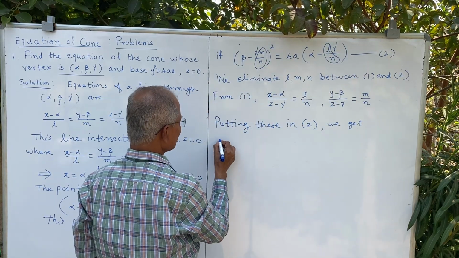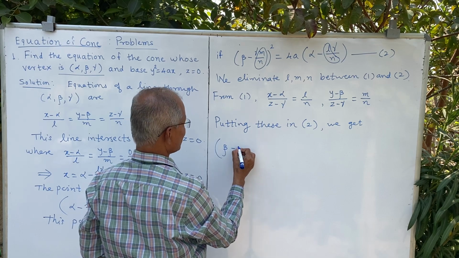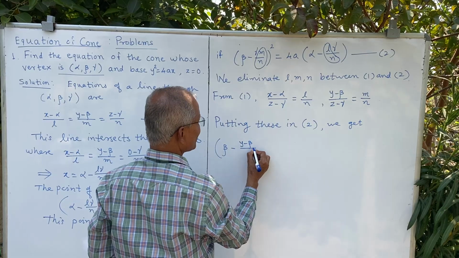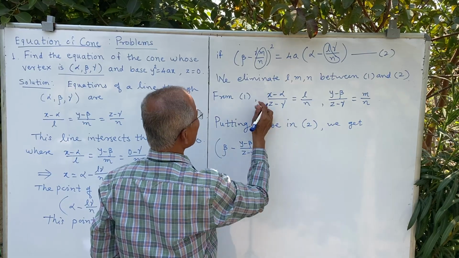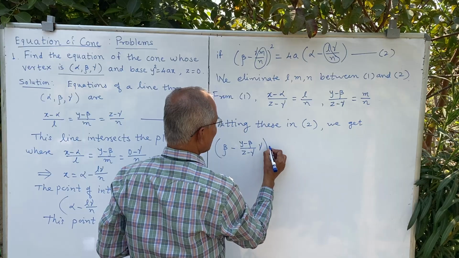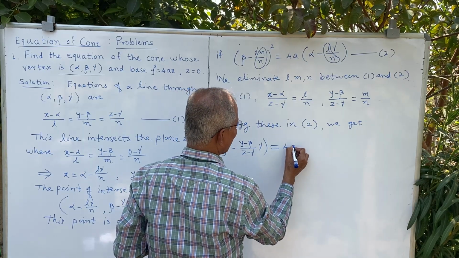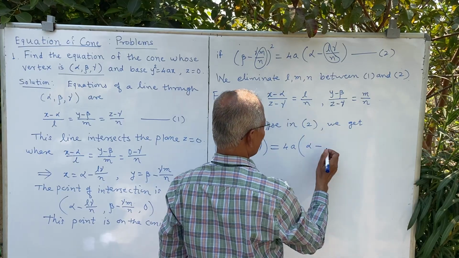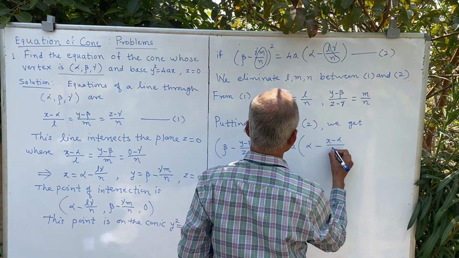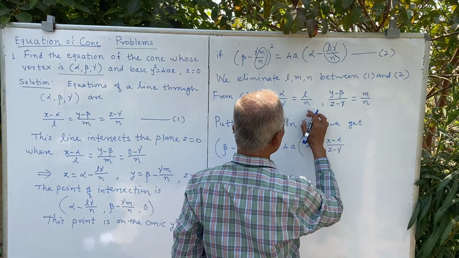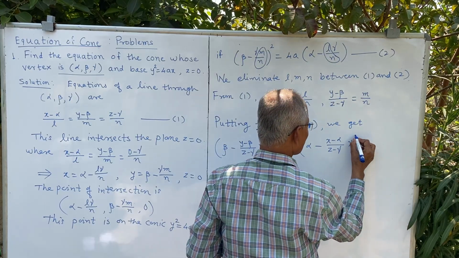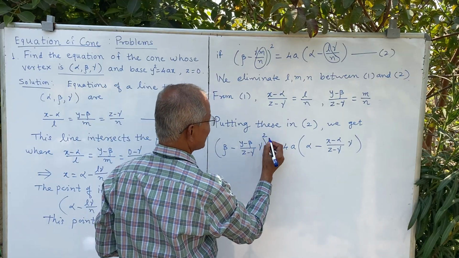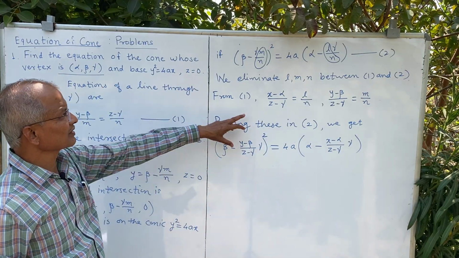Thus this gives beta minus M by N, we will use this value (y minus beta) divided by (z minus gamma), into gamma, is equal to 4a into bracket alpha minus L upon N, which is (x minus alpha) divided by (z minus gamma), times gamma. And its square is there, y square is equal to 4ax.